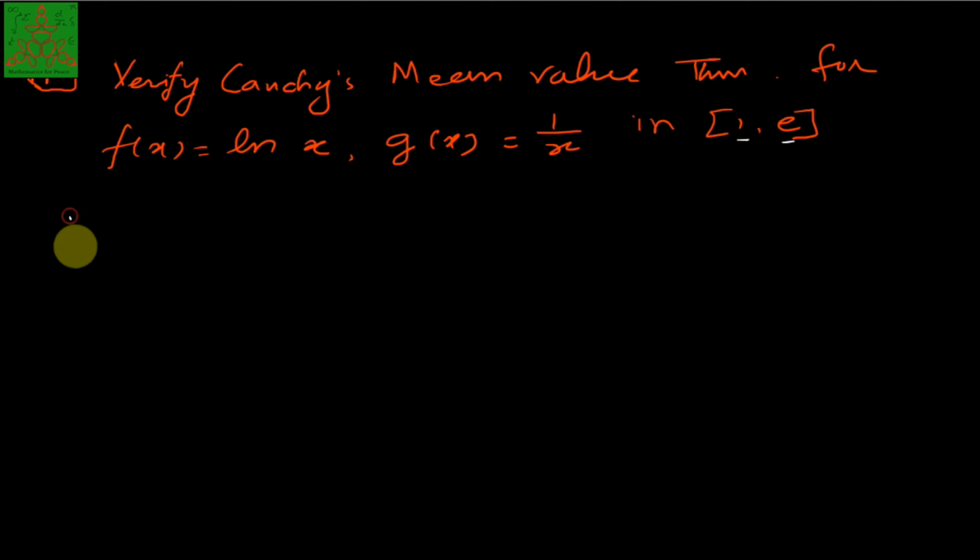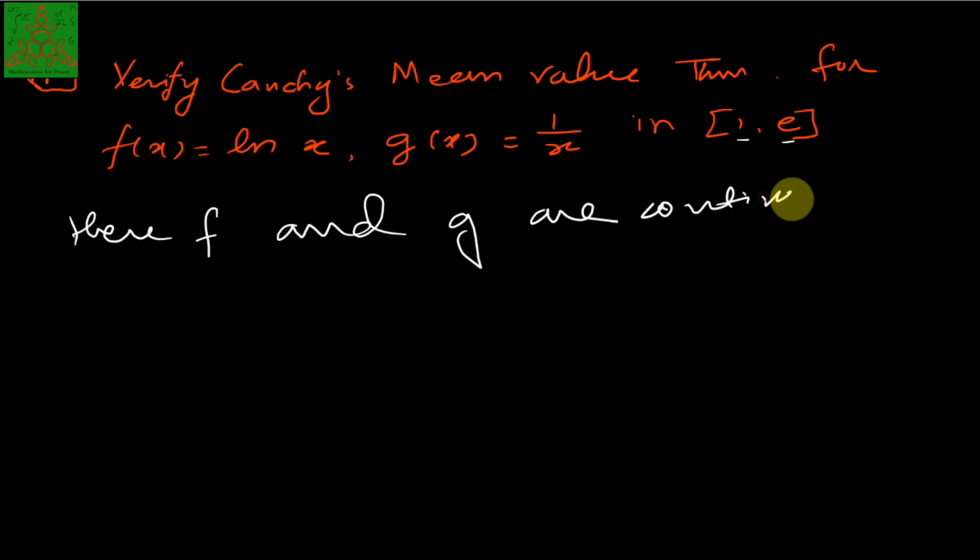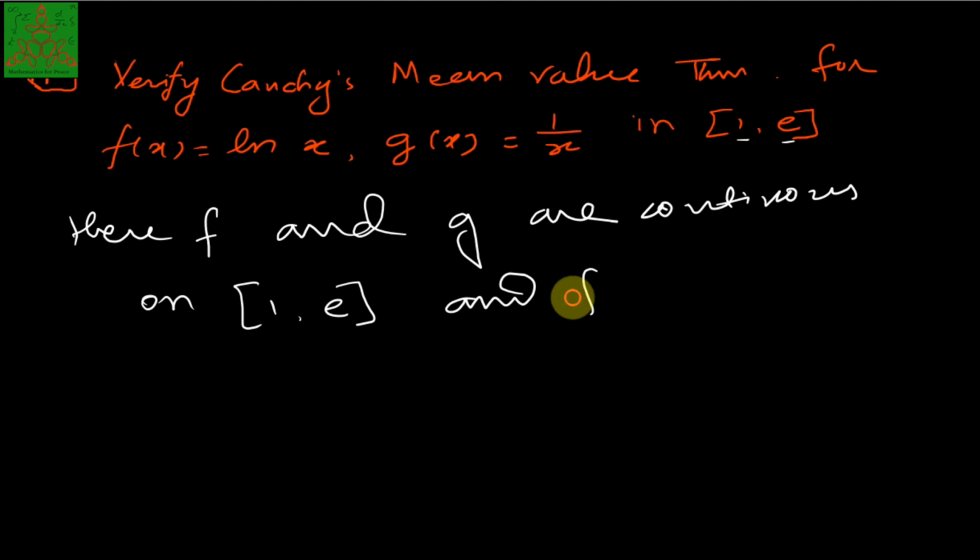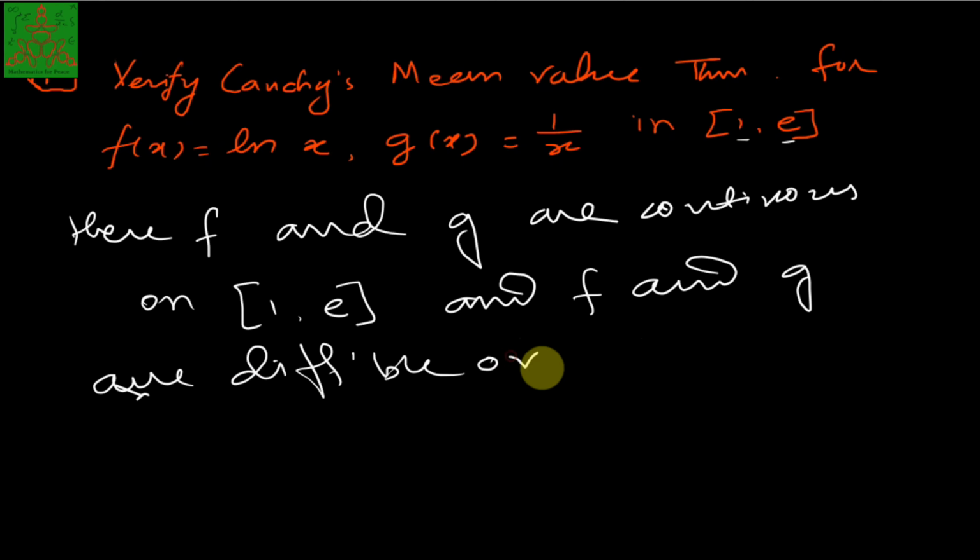One should note that f and g are continuous on the closed interval [1, e], as there is a logarithm function and the inverse function, and the interval does not contain 0, so g is also continuous. And f and g are differentiable on the open interval (1, e).